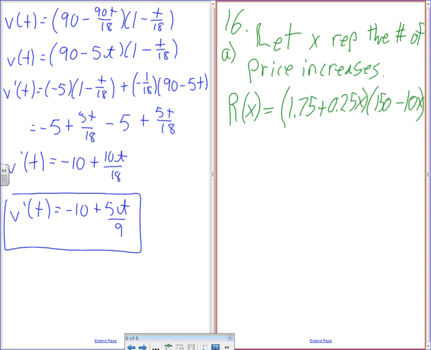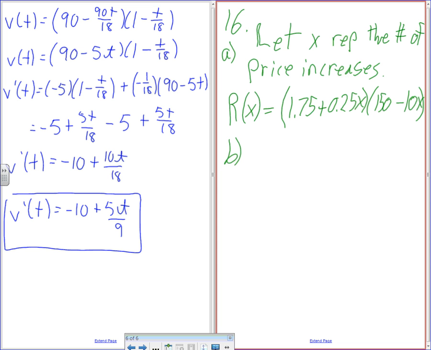What we're doing there. The idea is here, what do we solve this equation? That's it for A. Now on to B. And then what, so that's the rate of change of revenue. Price increase.